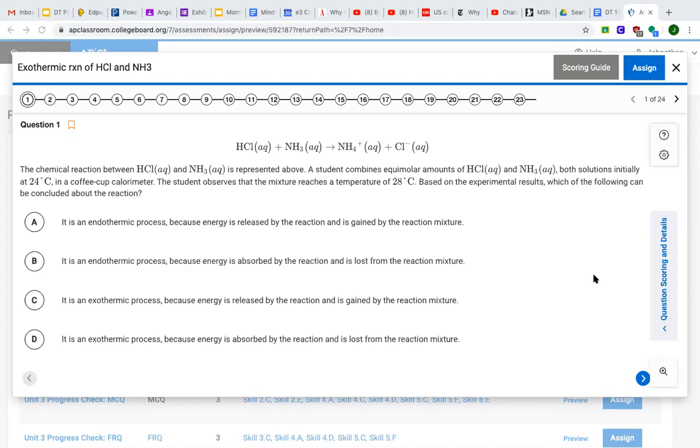So the reaction mixture is increasing in temperature because the reaction is releasing heat. So that's C. This one is for sure C. Idali, what did you get? I had been thinking between C or D, but yeah, C. Okay. Yep. That's for sure C.